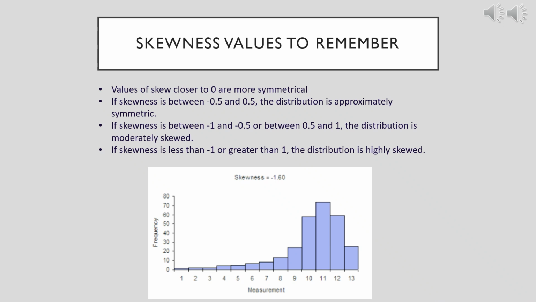So on a quiz or an exam, I could give you a value for skewness, let's say +0.40. And you would have to tell me, okay, does that correspond to a left skew or a right skew? And is it approximately symmetrical? Is it moderately skewed, or is it highly skewed?